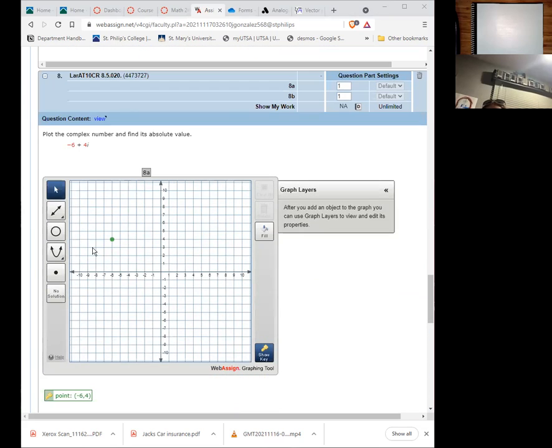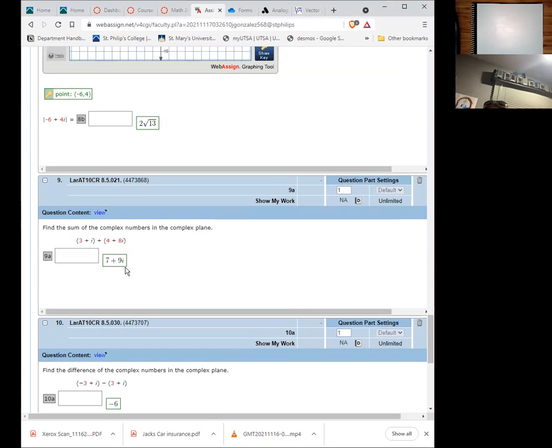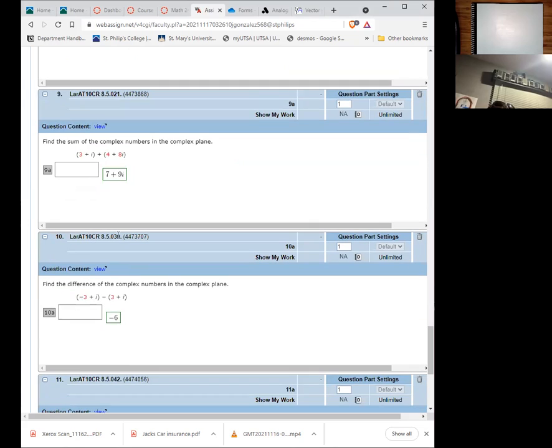So here's the same thing. They're just having you use this plotter. So -6 on the x, that's the real part. 4 on the imaginary part, right there. So it's -6, 4. Okay. Number 9 and number 10. Well, we can do these, but there's not much to do.